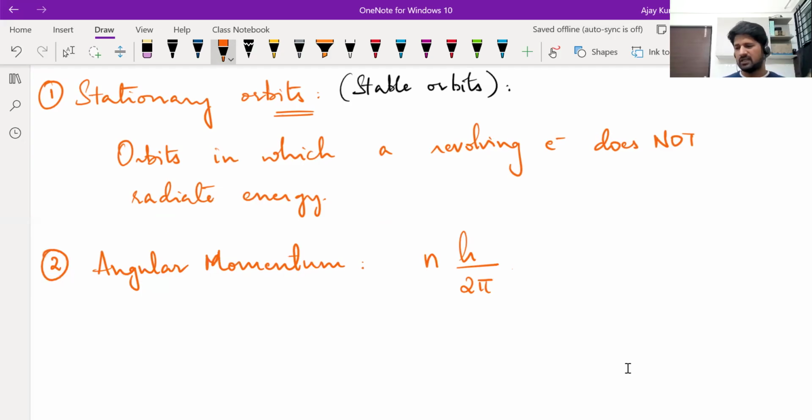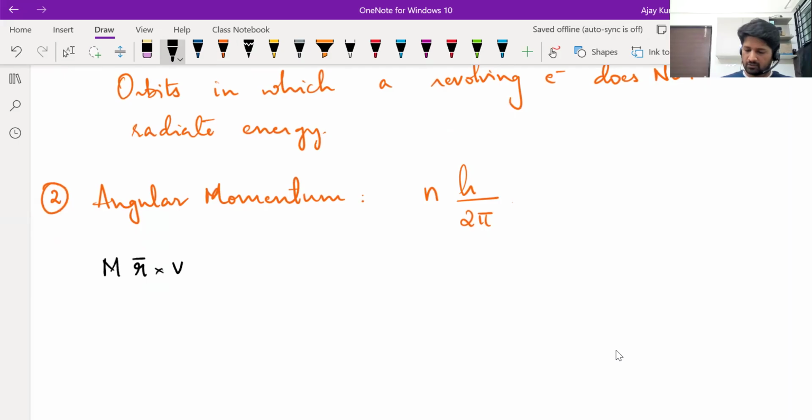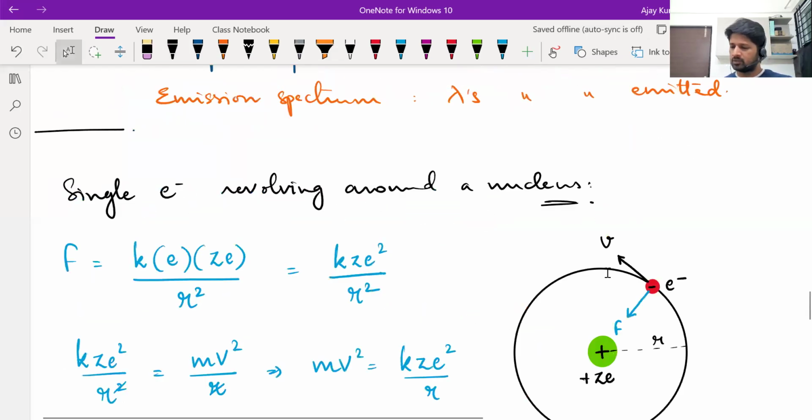Now, an electron is like a point mass, a small particle. What is the formula for angular momentum of a point mass? Basically, it is m r cross v, where r is the position vector of that particle and v is the velocity vector. Now you have to take angular momentum about the nucleus.